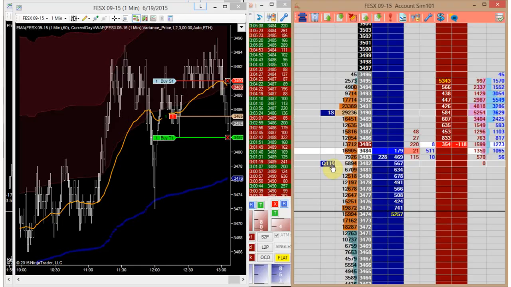So what we've seen today is two things: a range, or what we called an area of temporary value, where we have scalped and faded the edges. And then we've seen a poorly executed, admittedly, pullback trade that exploited a liquidity vacuum.